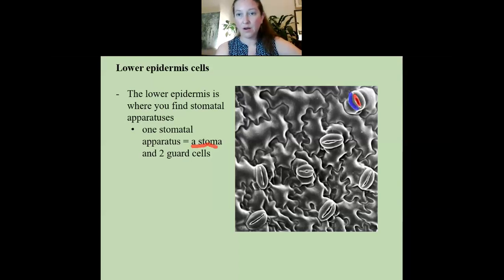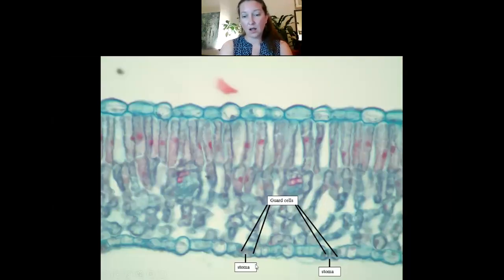So there's one there and there's one there. And see, the guard cells almost kind of look like a donut, right? These are each guard cells. Cool. So that's what this is showing you here, right? Each of these stomatal apparatus has a hole or the stoma and a guard cell on each side to open and close the hole, depending on how much water the plant has.